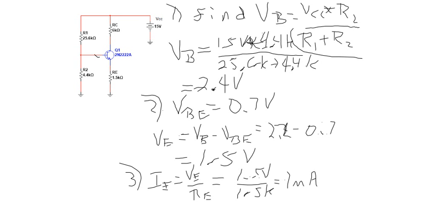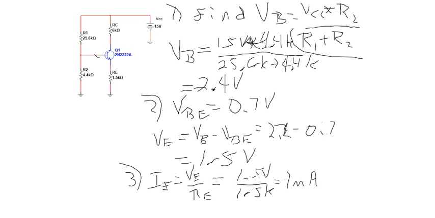Now, the emitter current is exactly the collector current plus the base current. Remember, we defined base and collector currents as going into the transistor, and emitter current is coming out. And you can do a Kirchhoff's current law here on the whole transistor. What goes in has to equal what comes out.